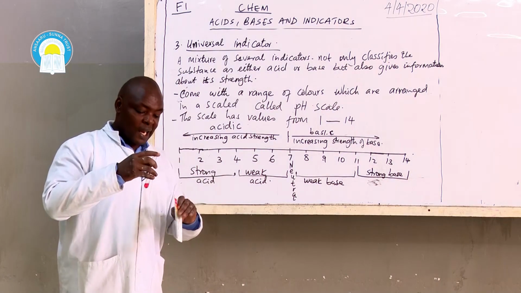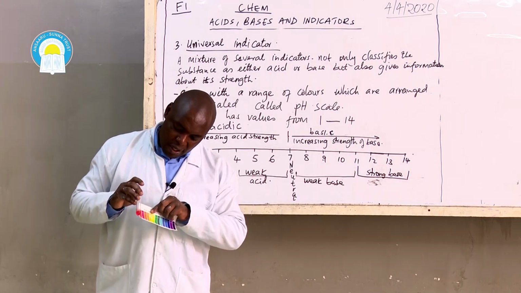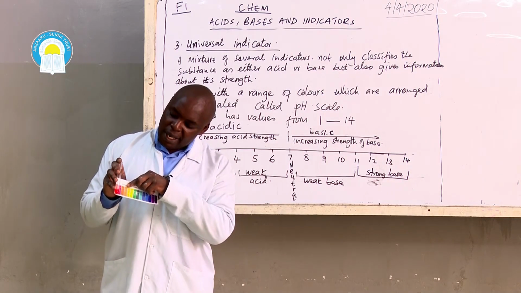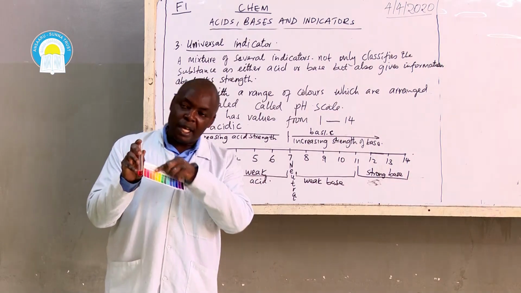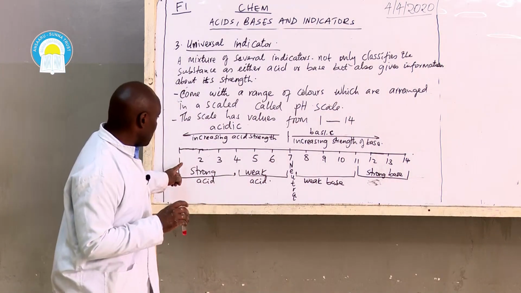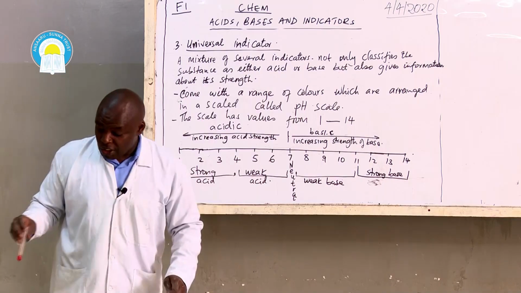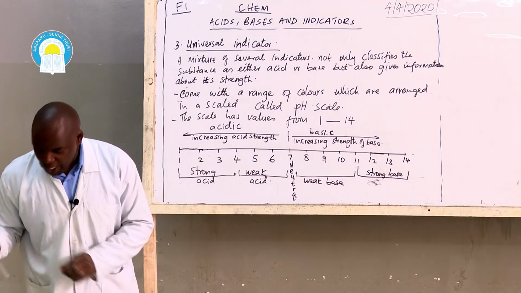You match the colors using the pH chart. This one has a pH of 1. So hydrochloric acid has a pH of 1, which shows that it is a strong acid.